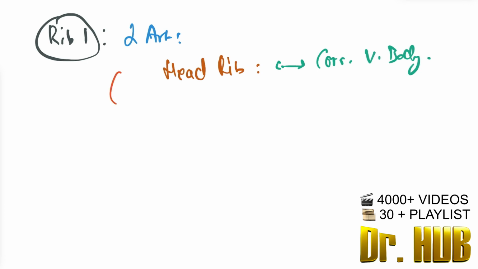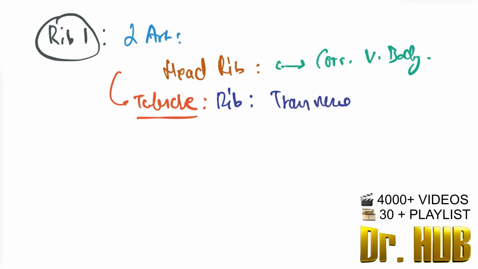Next is the tubercle of the rib, which articulates with the transverse process of the corresponding vertebra.